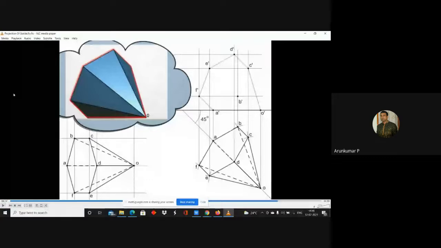So do you see the base hexagon? No. What you see is these 4 triangular faces. This is what is seen in the final front view. So let us see which are those 4 triangular faces.